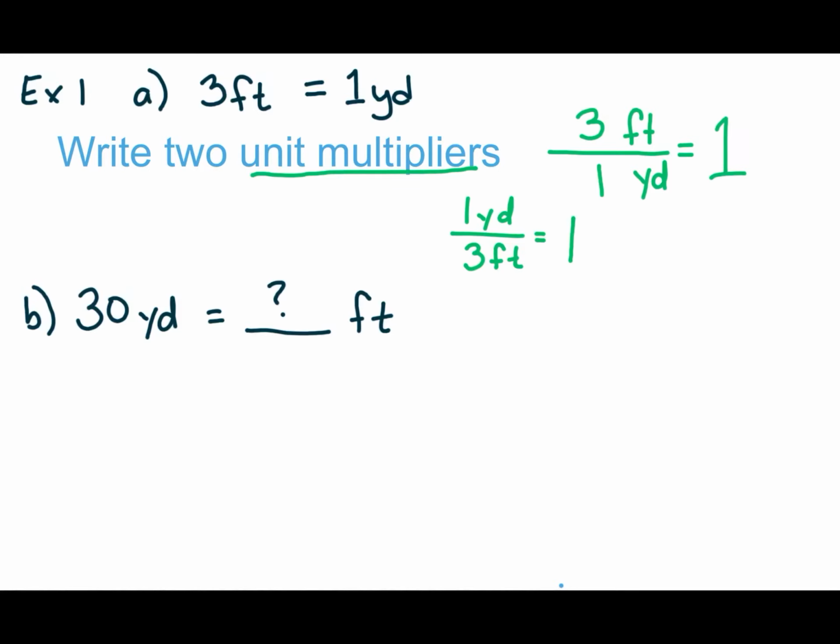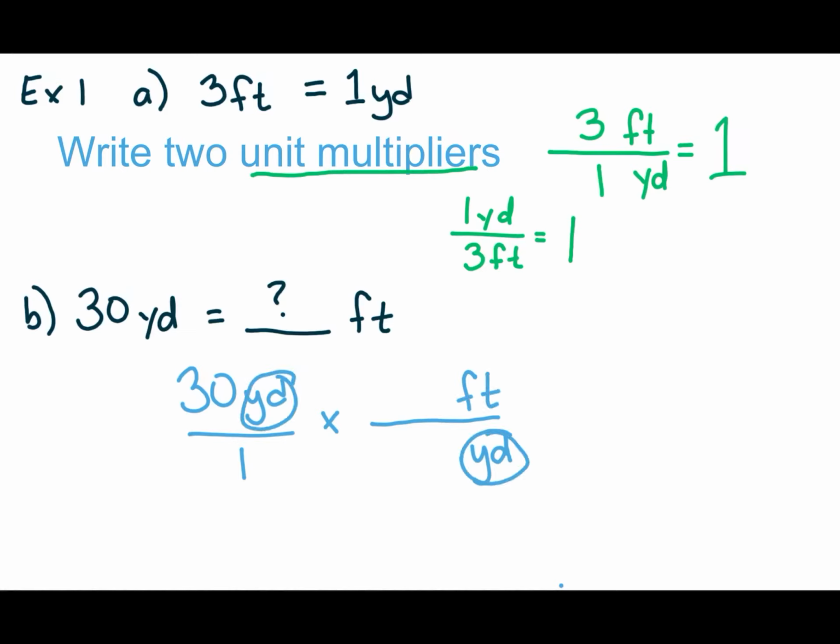Now B says, which unit multiplier would you use to convert 30 yards into feet? So what I have then is 30 yards. I'm going to turn it into a fraction and put it over 1. And I want to multiply this so that yards is canceled out. The yards here and the yards here will cancel each other out.